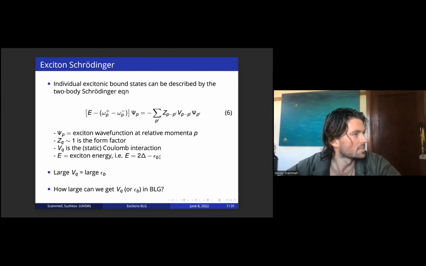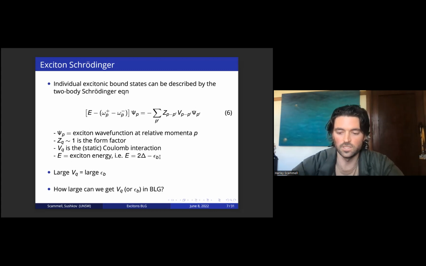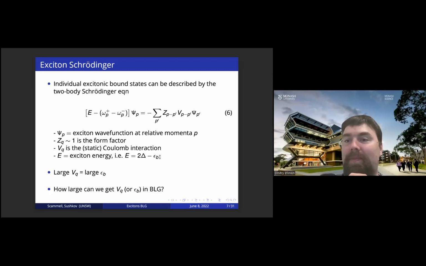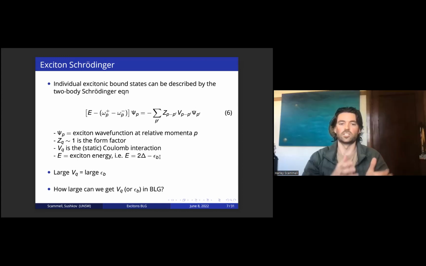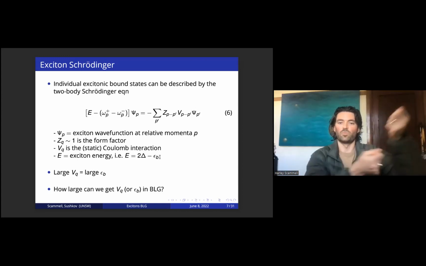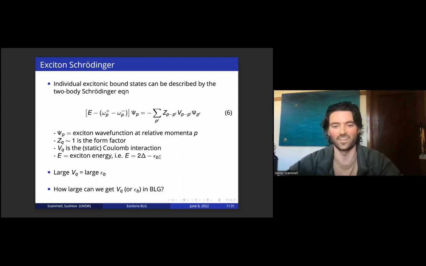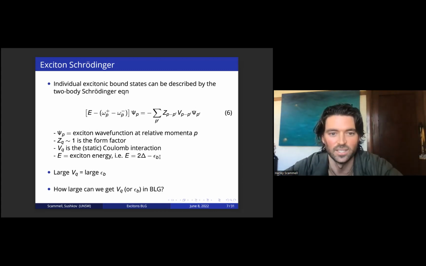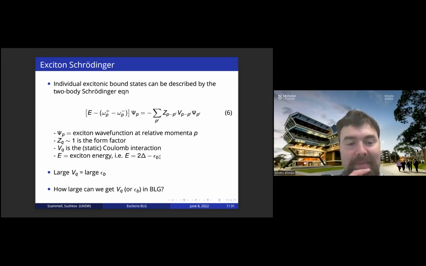My understanding is that this Mexican hat affects upper band differently to lower band, valence and conduction. But this is captured in this delta H corrections to the single particle Hamiltonian. So I see, it's already embedded in equation 6. I just don't have a very simple reasoning to be like, oh, more Mexican hat is better. Sorry, I don't have that analysis in my head. But this is already captured. Okay, thank you. No problem.